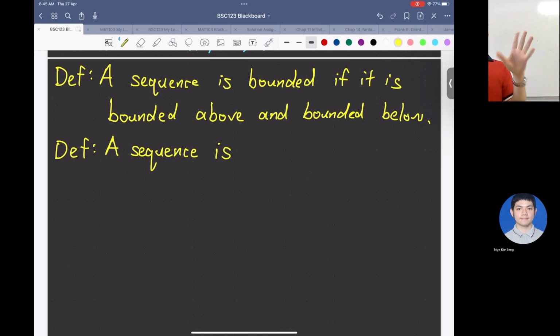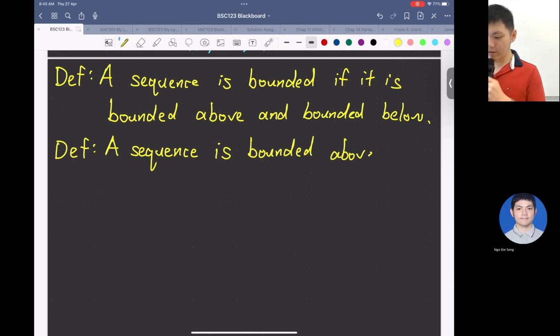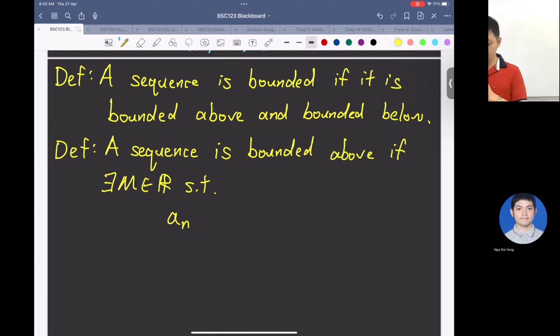The idea is right, but you need to use a more professional term. A sequence is bounded above if there exists an M in R such that every term is less than or equal to M for all terms.